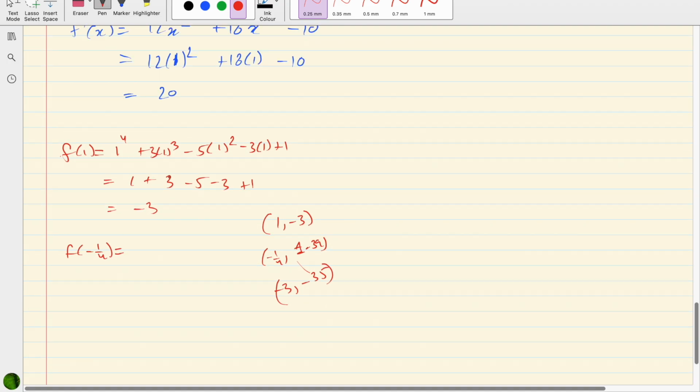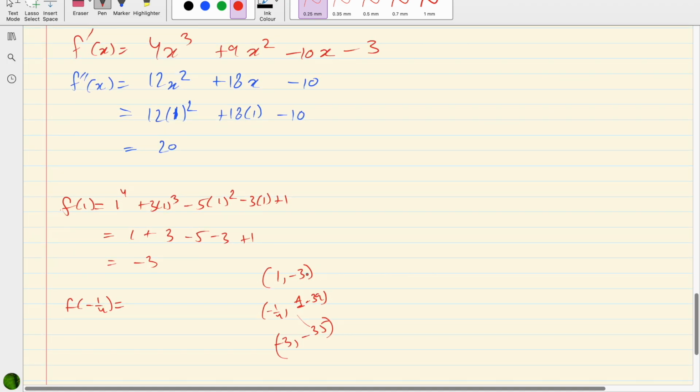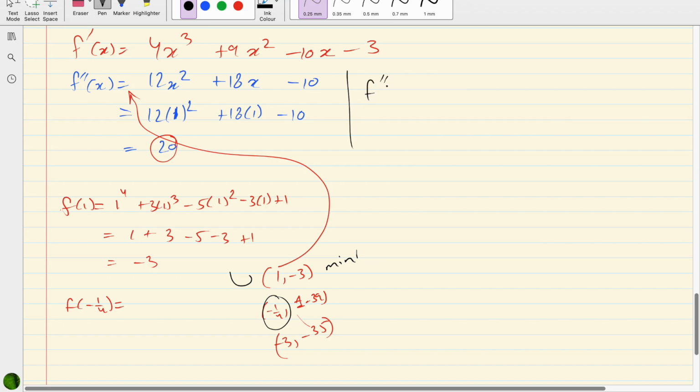I've already checked the nature for the first one when I substituted 1 in the double derivative, and I got a positive answer. Positive means smiley face. So smiley face is a minimum point. Now I'm checking for negative 1 by 4. So f double dash negative 1 by 4 is equal to 12 into negative 1 by 4 squared plus 18 into negative 1 by 4 minus 10.